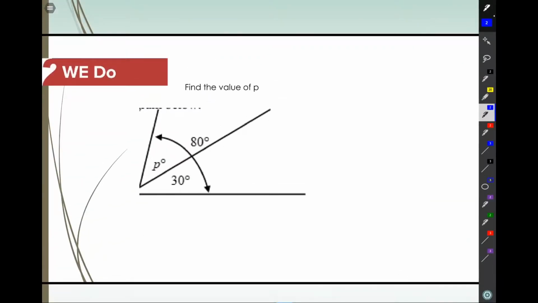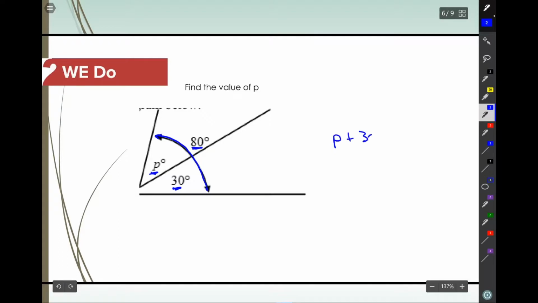Right, so let's have a go at this next one. I want you guys to start writing this one down now. This is a we do question. We know that this whole angle is 80 degrees. So that means that these two angles that are adjacent to each other have to equal 80 degrees.